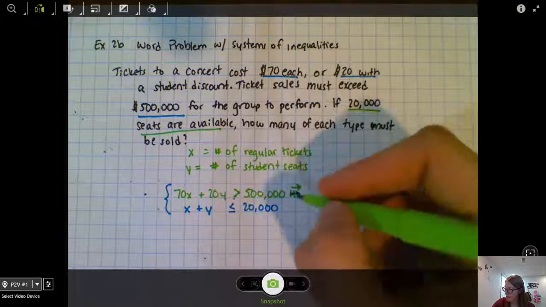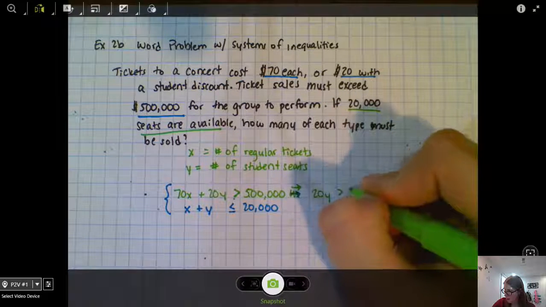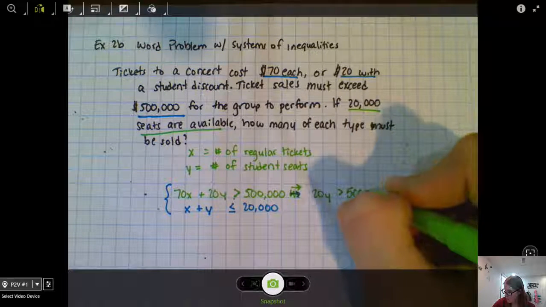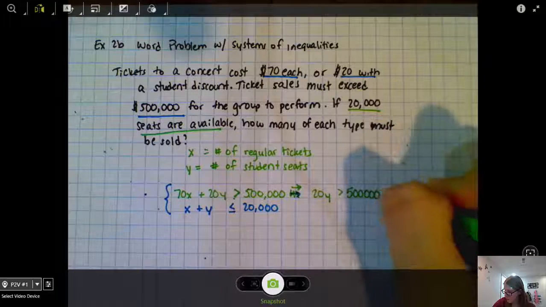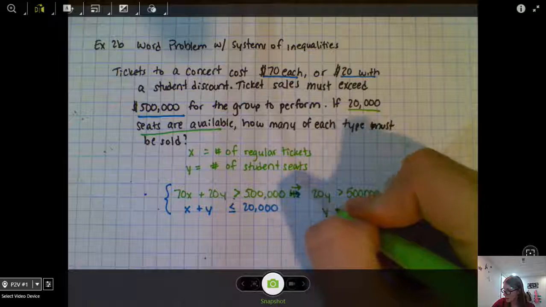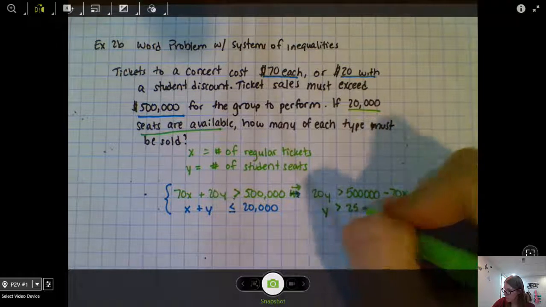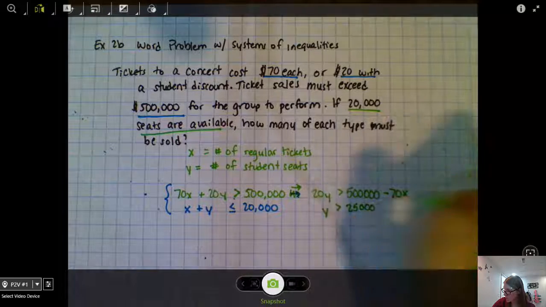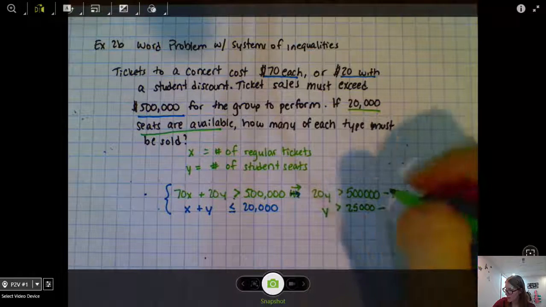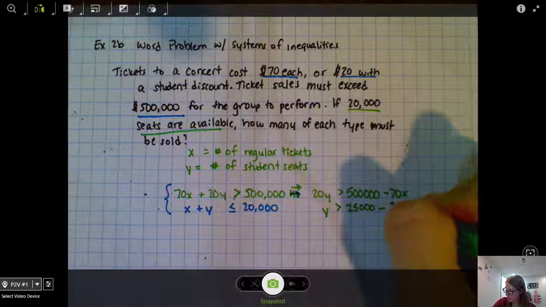Start off by subtracting 70x from each side, and then I'm going to divide both sides by 20. So this would be 25,000 minus 3.5x.